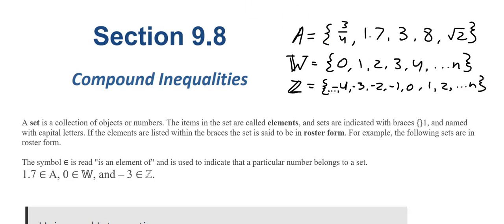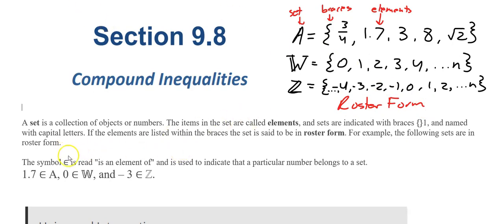This right here is your set. These are your elements inside the set. And then here are the braces. This right here is called roster form.